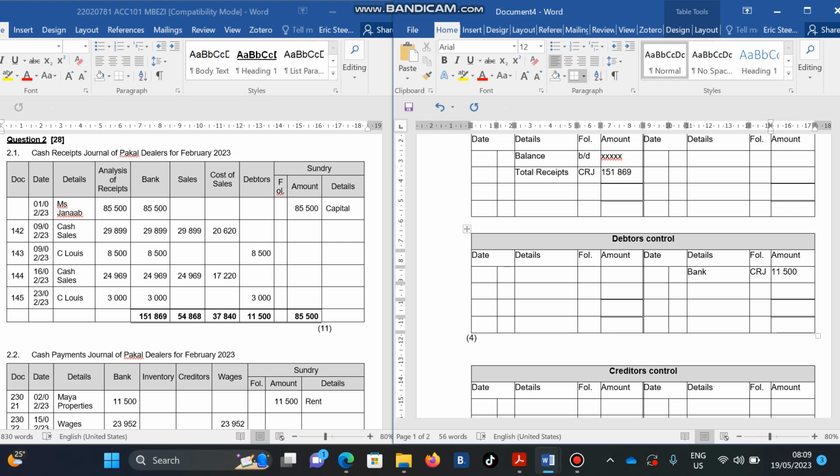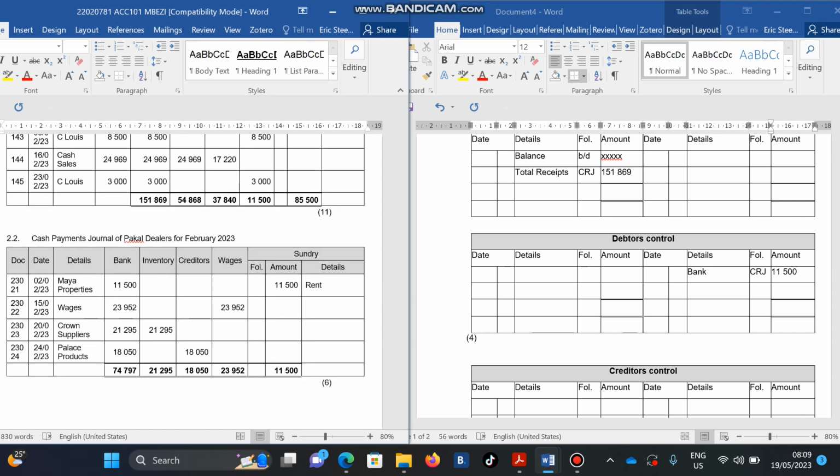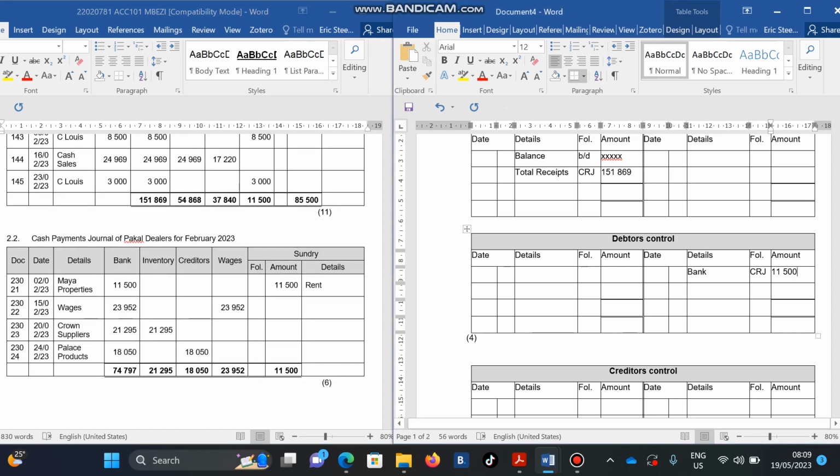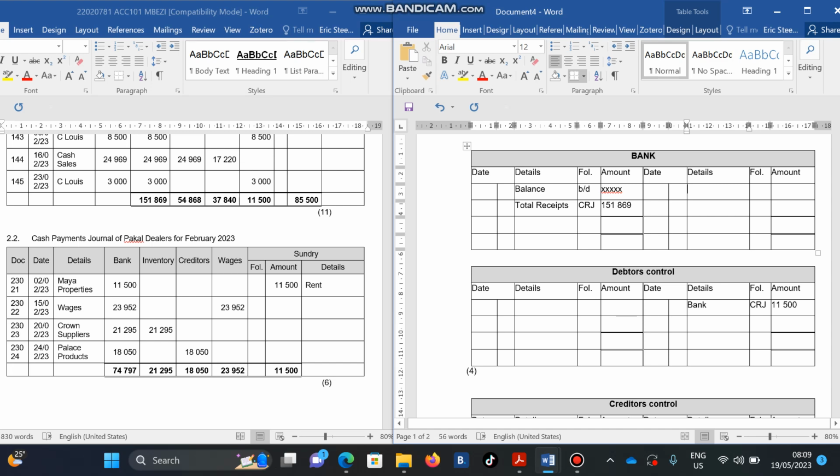Okay, let us then come to the CPJ, just to do one quickly. In our CPJ, if we go to our bank account, we see bank will go on the credit side. Remember here we said bank is credited, everything else is debited.